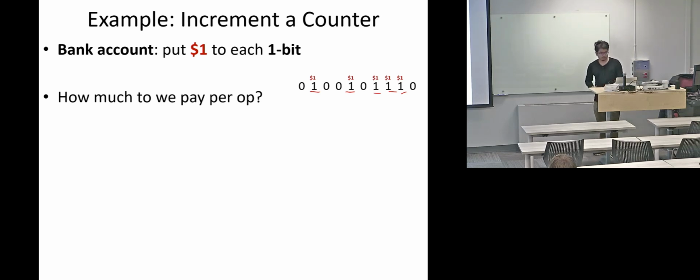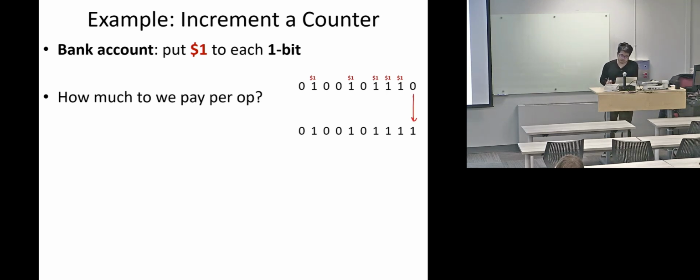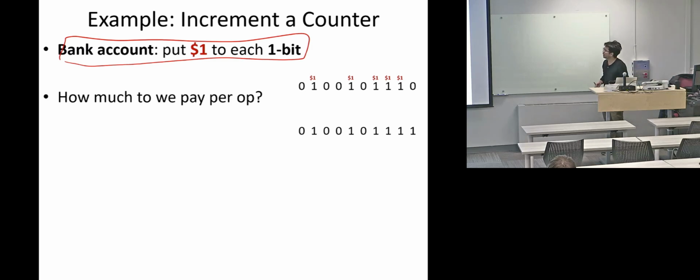Then we increment this number. This bit flipped, so that cost me 1, but to maintain the invariant that I have $1 on each 1 bit, I also need to put money on this one too.